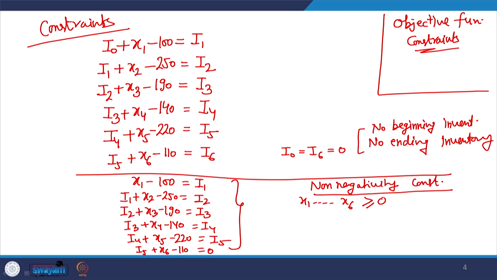You cannot produce negative quantities in any period, either you will produce or you will not produce. If you produce, that is a positive value, if you are not producing, that is a 0 value, but you cannot have a negative value of production. So, all these x1 to x6 are non-negative; they can be 0 if you decide not to produce in a particular period, or they will have some positive value.